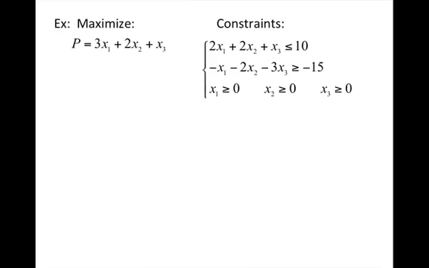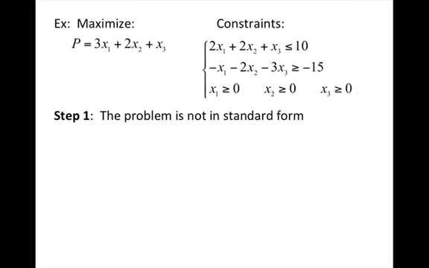And then we have each of our x's greater than or equal to 0. So step 1 is to make sure the problem is in standard form. The way the problem was given to us, it is not in standard form. My second constraint is not less than or equal to a non-negative number.